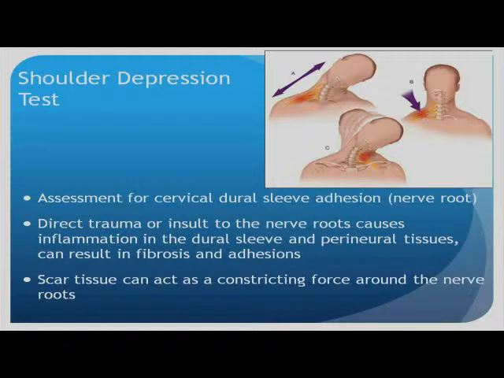So if you first stretch the head away and then put some compression down on the shoulder to put stretch within that region, as shown in figures A and B there. If that reproduces some of your pain, then you know that there is something constricting those nerve roots and not allowing them to slide freely in their pathways.